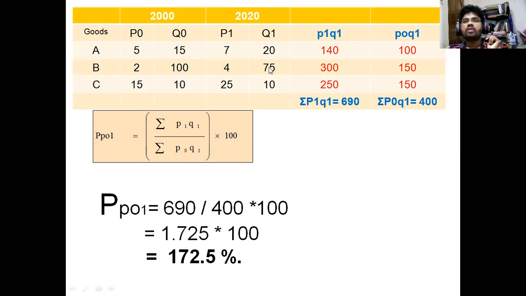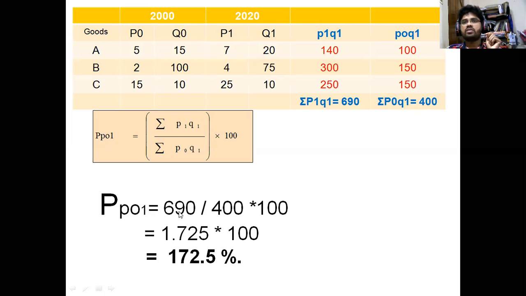Then 2 into 75 is 150, and 15 into 10 is 150. Adding these, the sum of P0 Q1 is 400. After getting these two values, sum of P1 Q1 is 690 and sum of P0 Q1 is 400, we substitute in the formula.